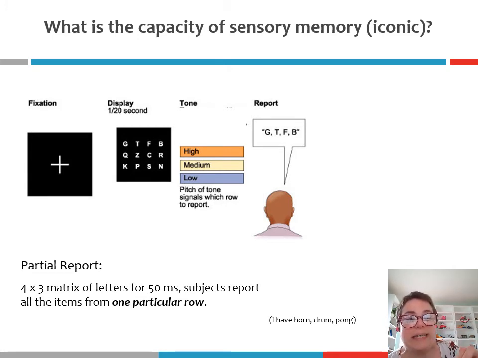So they would see the fixation cross, they would see the entire array for 1/20th of a second, the array would disappear, and then they would hear a tone, and if they heard a high-pitched tone, that would tell them report row 1, a medium tone, report row 2, and a low tone, report the last row, or row 3.